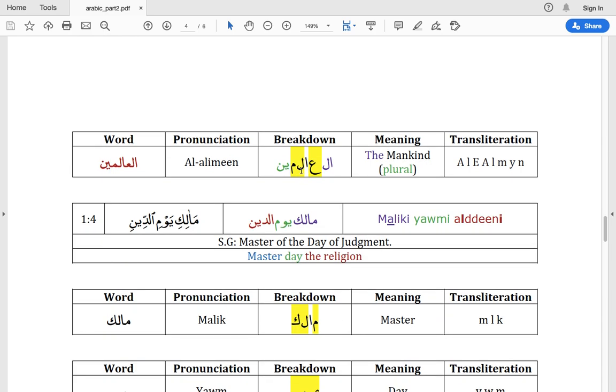Basically, ain lam mim means knowledge, ilm. That's what knowledge means. Ilm is knowledge. So ain lam mim is variously translated as the worlds, mankind, the realms, all that is known. Again, it's difficult to get a precise meaning of this word, but it encompasses everything that is known. Ain lam mim, knowledge.